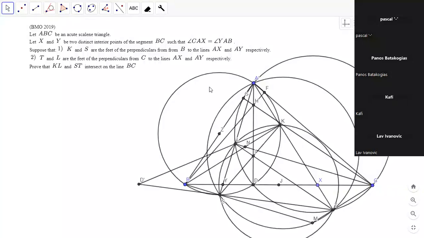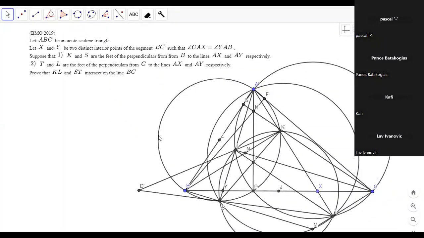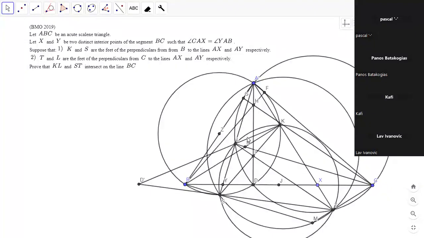So, all right. First, we have a whole bunch of similar triangles that show that SLKT is cyclic, right? I'm going to write them down on a piece of paper, and then I'm just going to type them up. So let's see. We have ALC similar to AKB, I think.